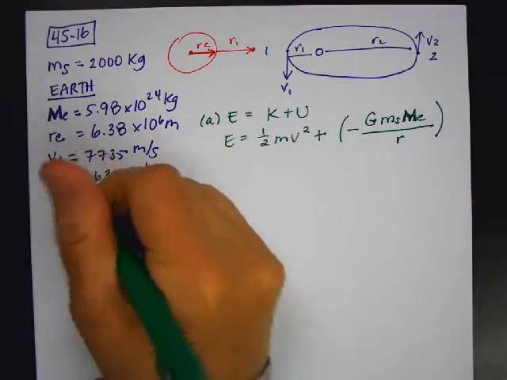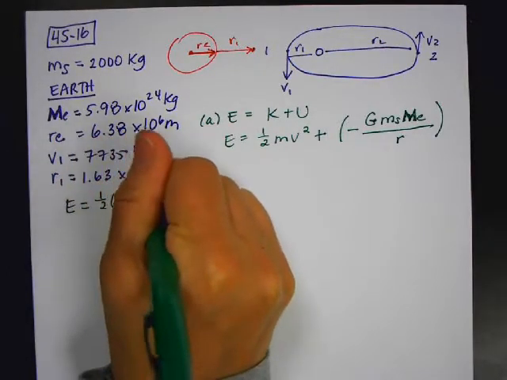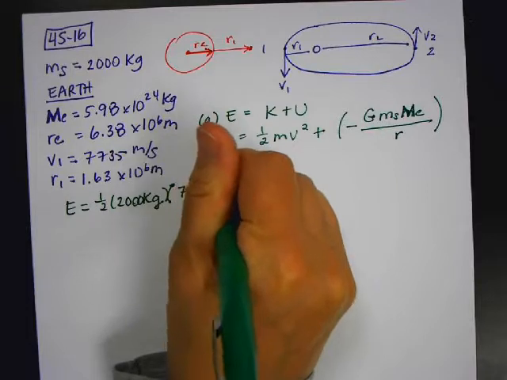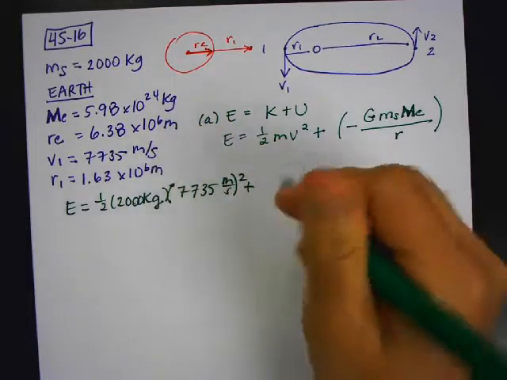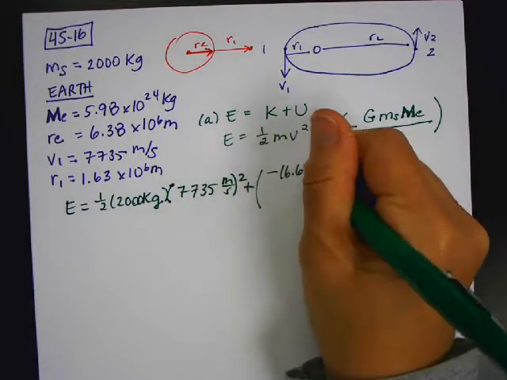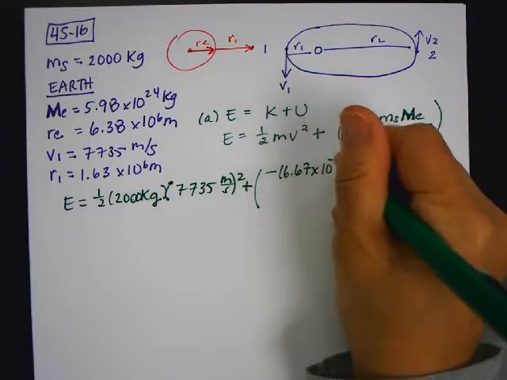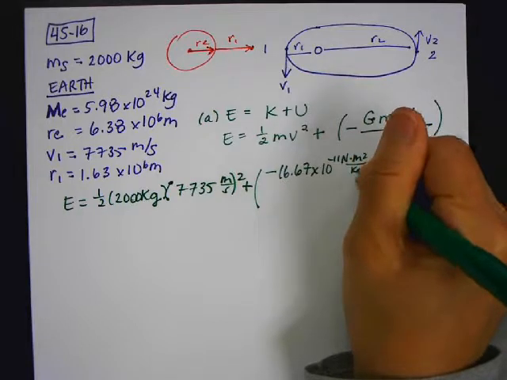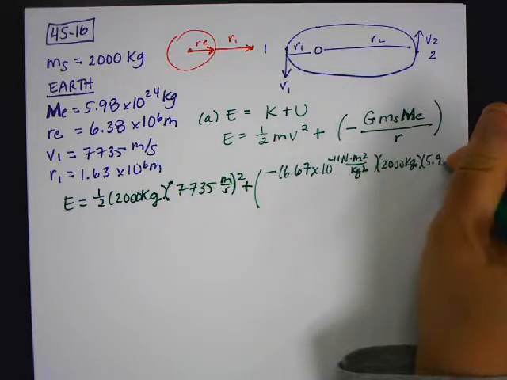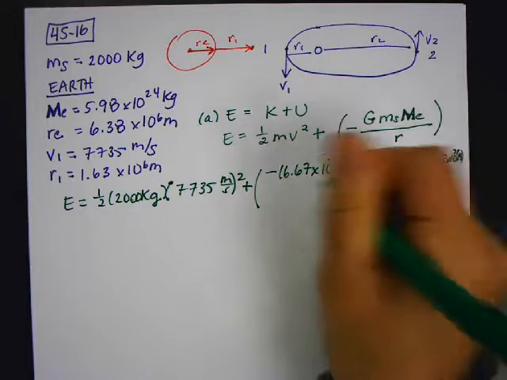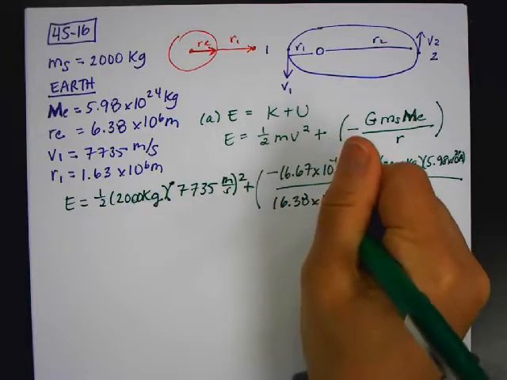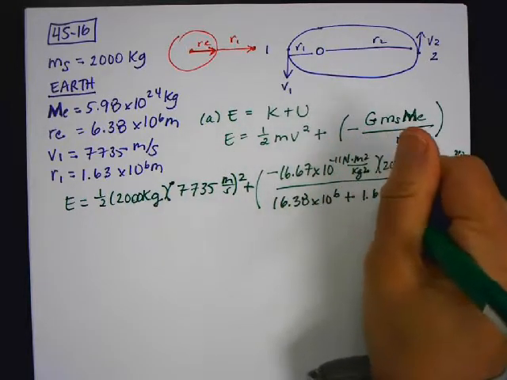So E is equal to 1/2 of 2,000 kilograms times 7735 meters per second squared, plus, and a lot of times people just put the negative, but I do it like this so I make sure I don't forget it, 6.67 times 10 to the negative 11 newton meter squared per kilogram squared times 2,000 kilograms times 5.98 times 10 to the 24 kilograms divided by, and this is where you can make your mistake, 6.38 times 10 to the 6 plus 1.63 times 10 to the 6.